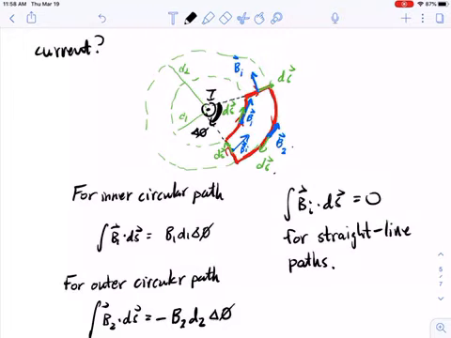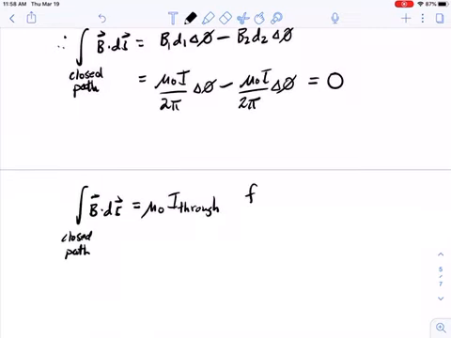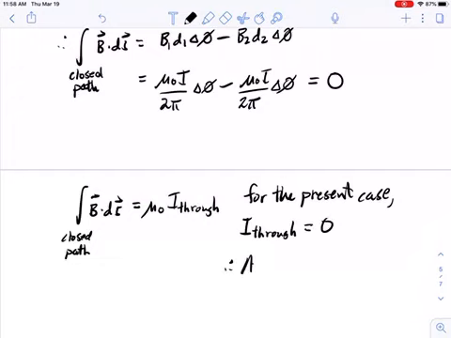The current is only flowing at some point outside of the path. And so we could say for the present case, I through is equal to 0, therefore Ampere's law is still valid.